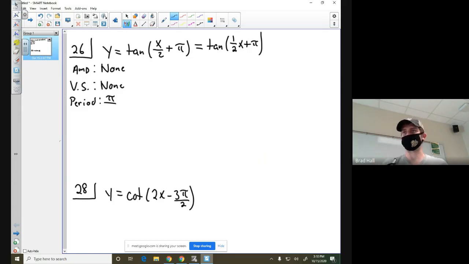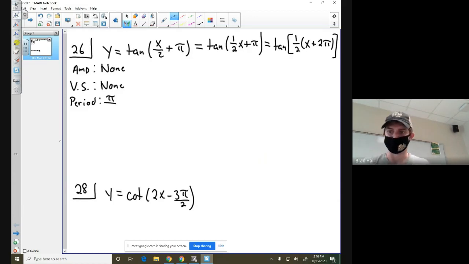They 100% did that on purpose. And then I guess while we're at it, what is that one going to be? 2 pi. That is 2 pi. That one's tricky. That one's definitely tricky.